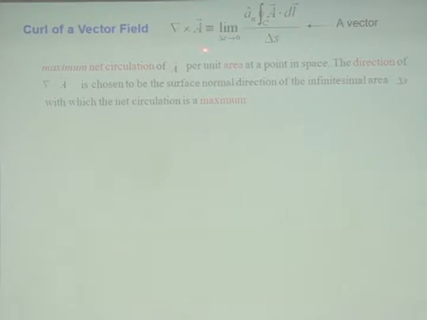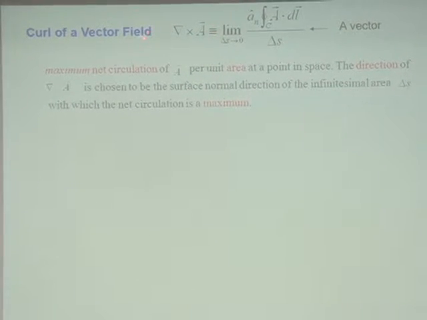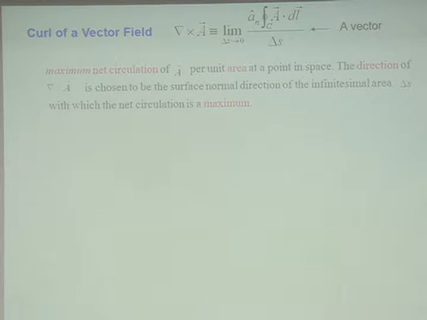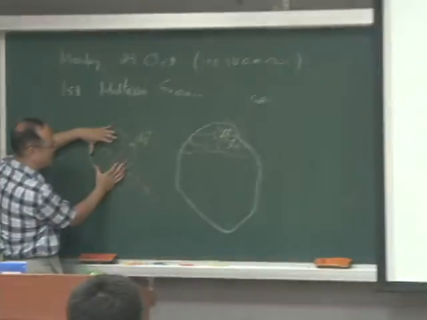But be careful. There's a direction associated with it, because in space, at the point, you can construct the path arbitrarily. You can do your surface like this.